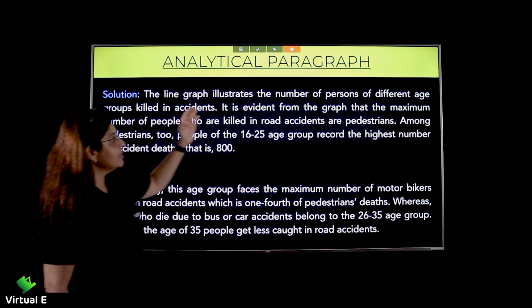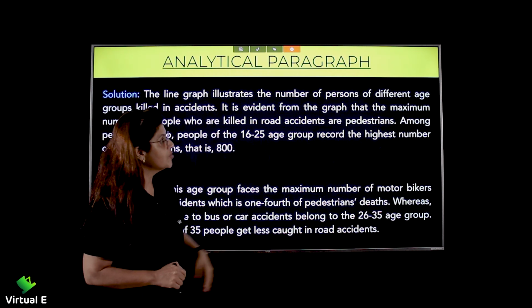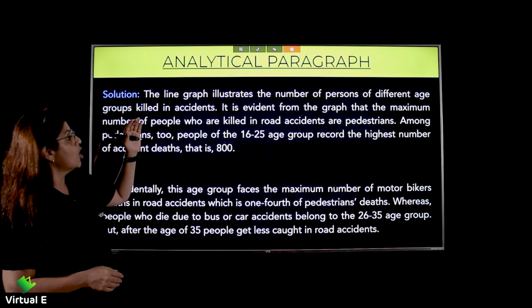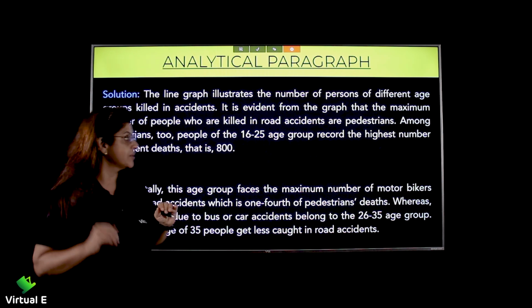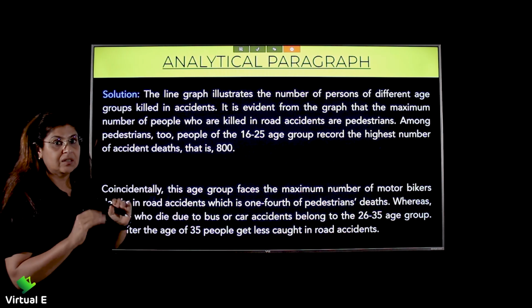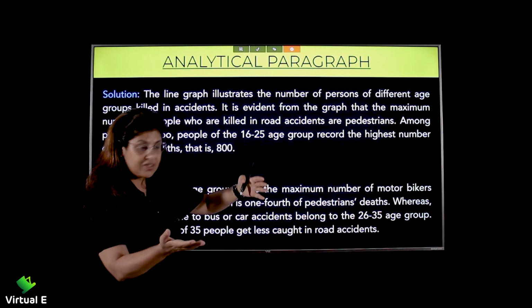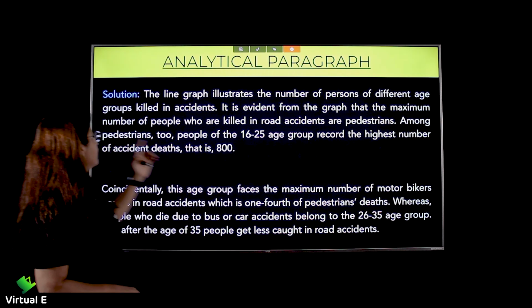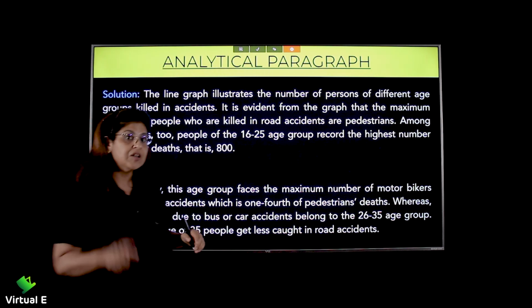Now, the line graph, like we said, we're going to start the introduction. The line graph illustrates the number of persons of different age groups killed in accidents. That's your introduction, right? This is what the whole line graph is telling you about. It is evident, it is very clear, it is visible from the graph that the maximum number of persons killed in road accidents are pedestrians.